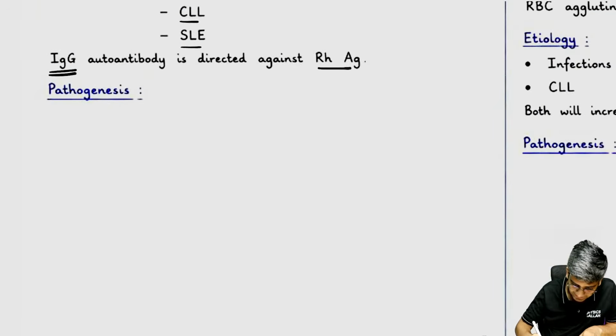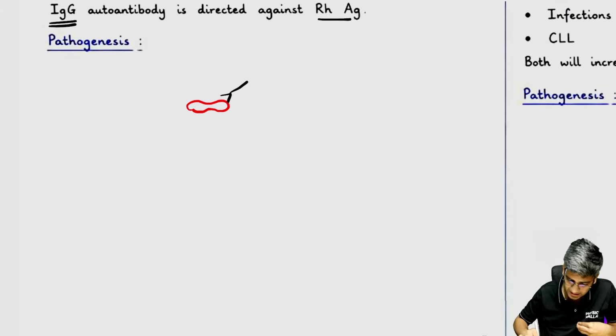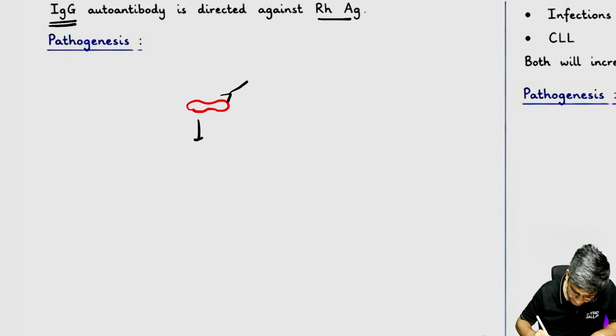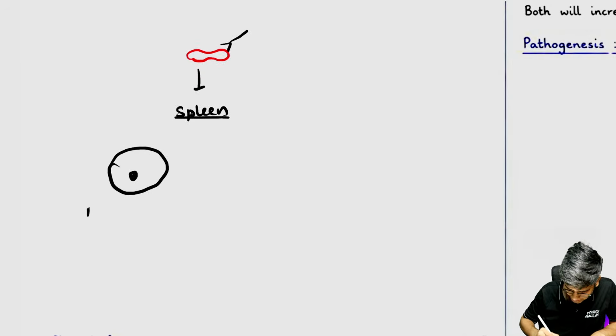So what happens in the pathogenesis? So here I have an RBC. Along with that, let's say the IgG antibody is bound to the Rh antigen, right? It's bound here. This, when it goes via spleen, in spleen, we do have macrophages. Can you guys comment on the name of the splenic macrophages?